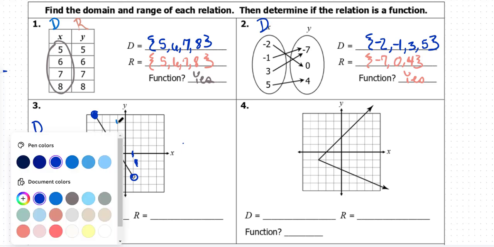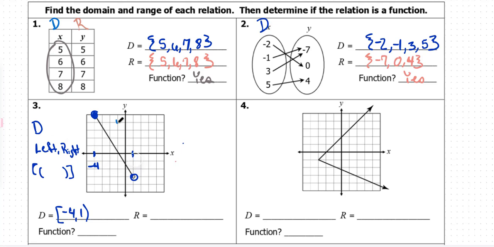Now let's look at our range. The range are your y values. And when we're looking at range, it is low, comma, high. Again, we have the brackets and the parentheses that we're using on each end. So my lowest value is 1, 2, 3, so -3.